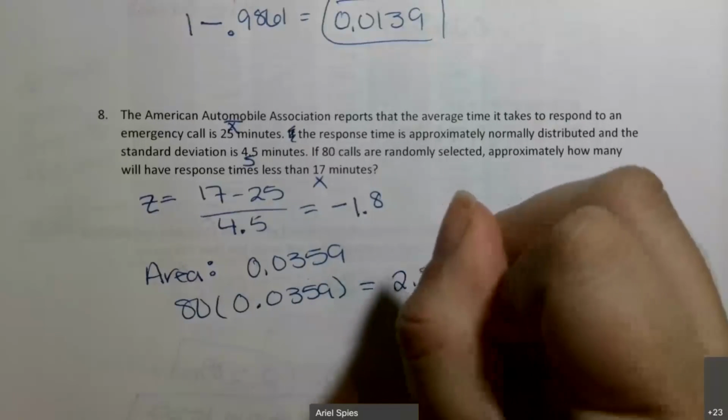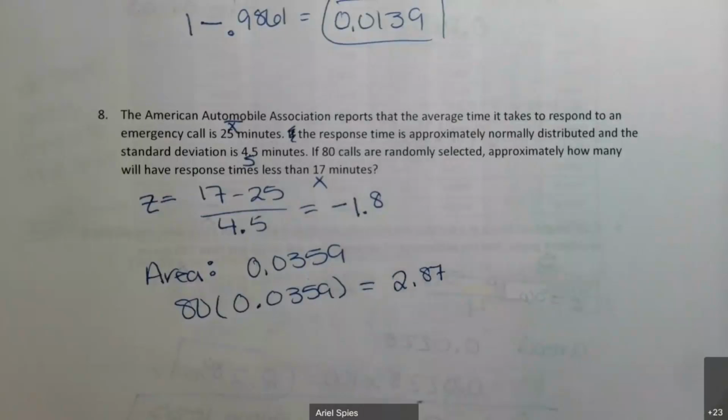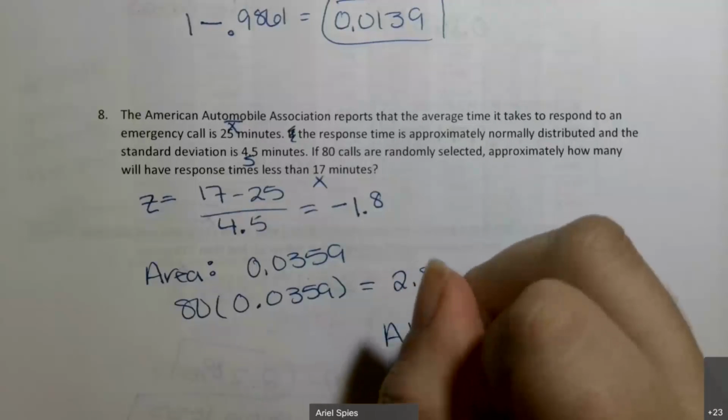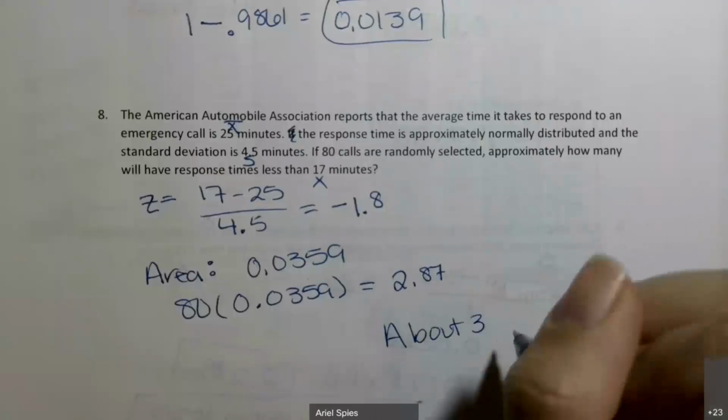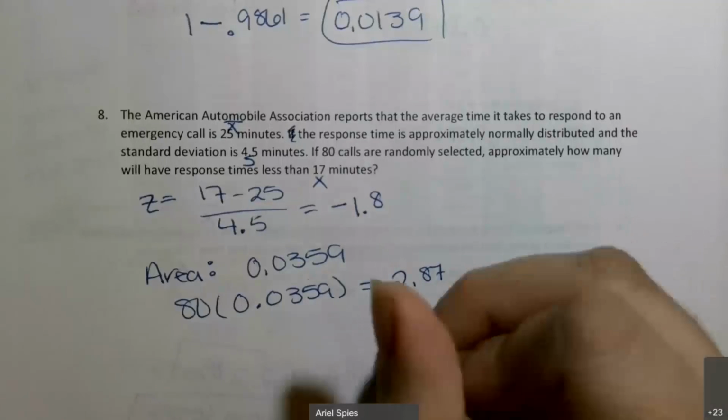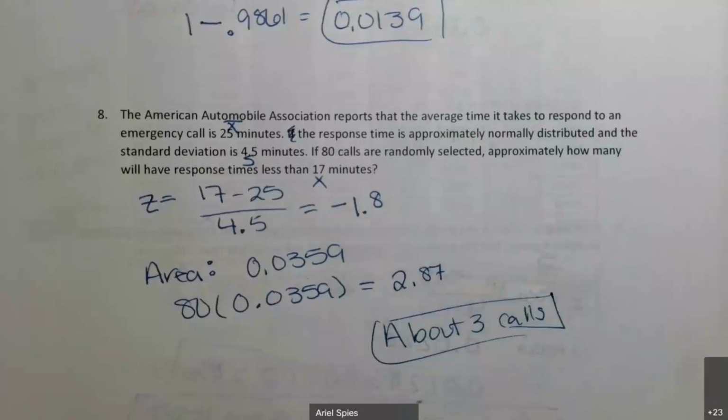So this gets me 2.87, which, if I'm talking about number of calls, I want a whole number of calls because you can't exactly have 0.87 of a call. So my final answer here is about 3 calls. Questions on this problem?